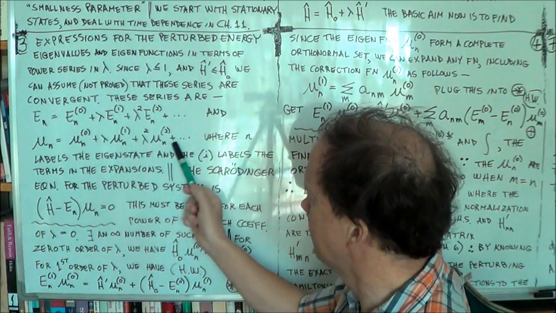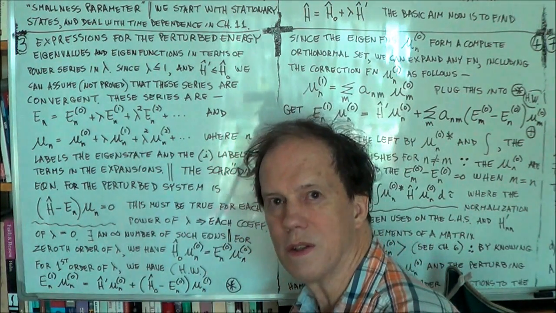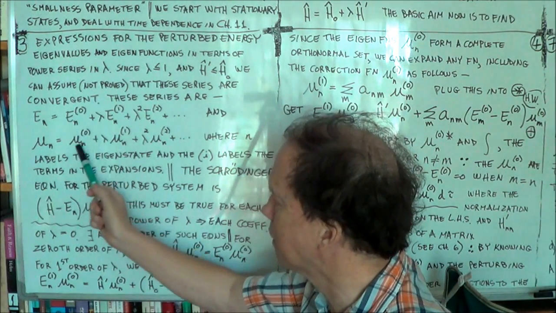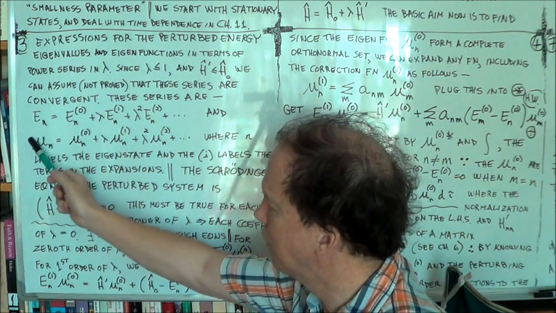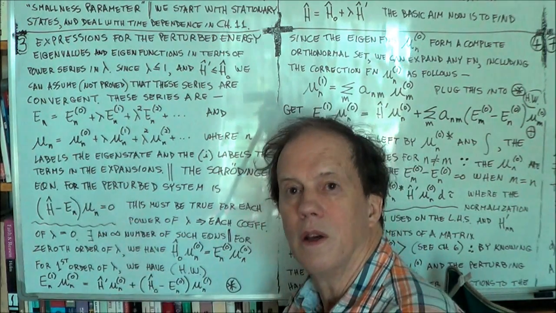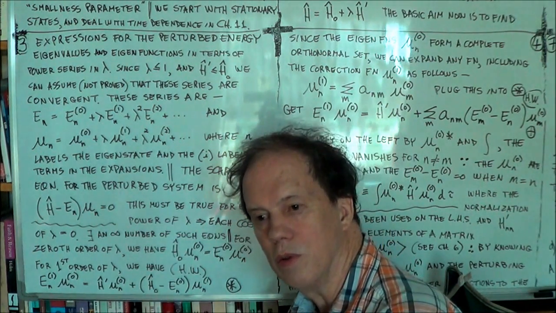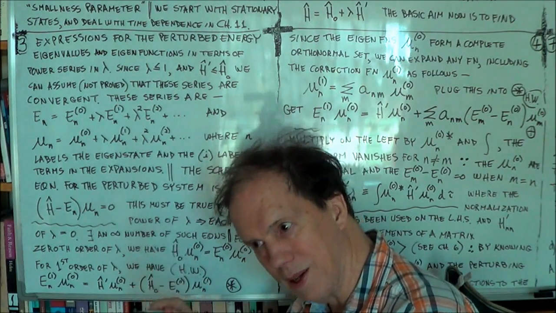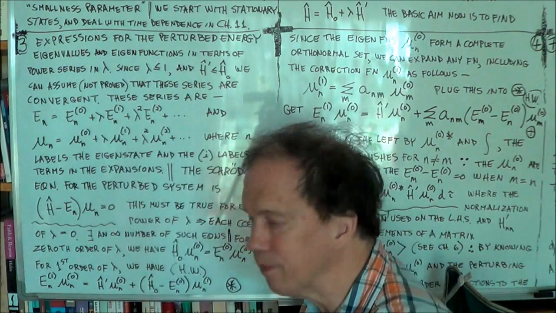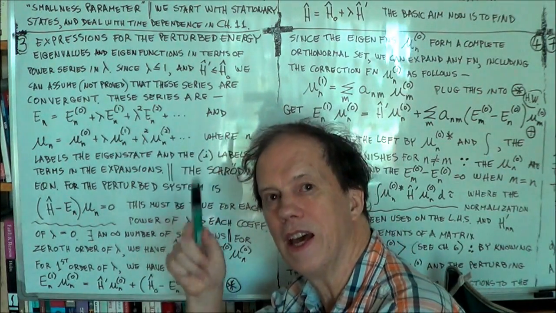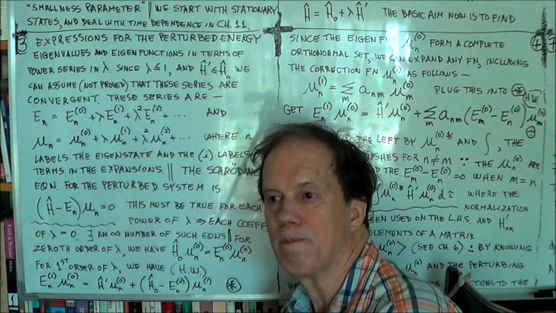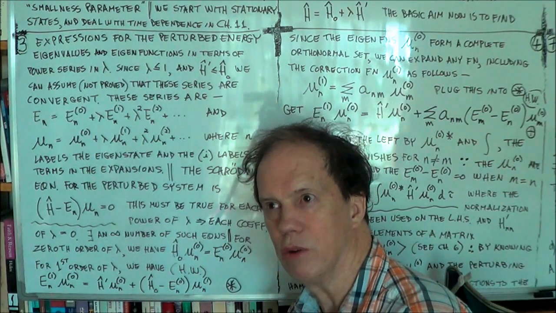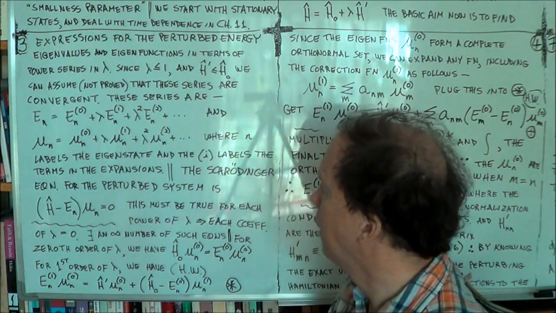And these terms are the corrections. They change these basic eigenfunctions into the eigenfunctions that correspond to the perturbed Hamiltonian, H0 hat plus lambda H hat dashed. The H dashed is the perturbing term that you add to the Hamiltonian.